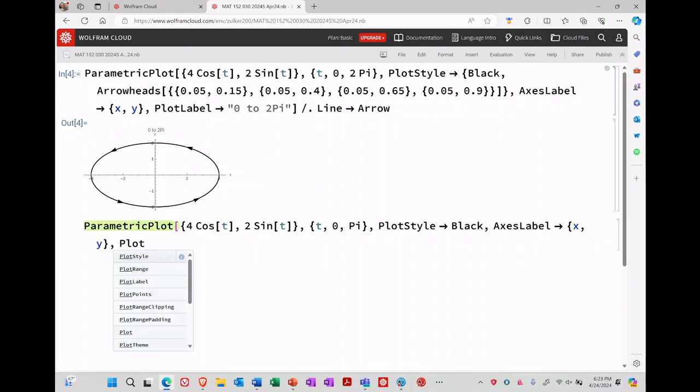Not really concerned with the direction. Before I actually execute this, what do we think the curve's going to look like?